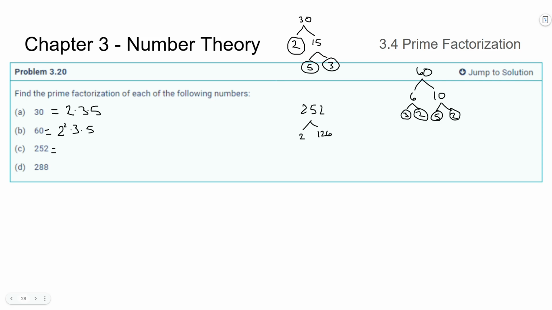All right, and then we do have a prime right here. And then this can be broken down into 2 again. We know it's an even number, so half of that would be 63.